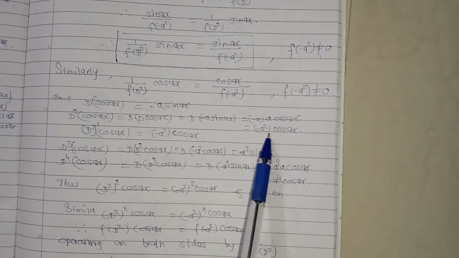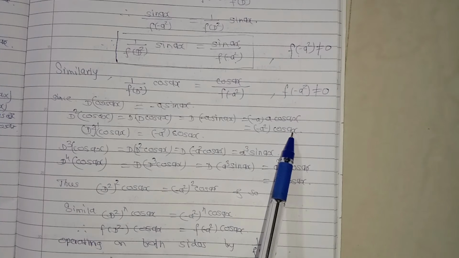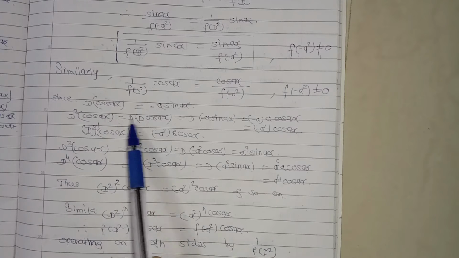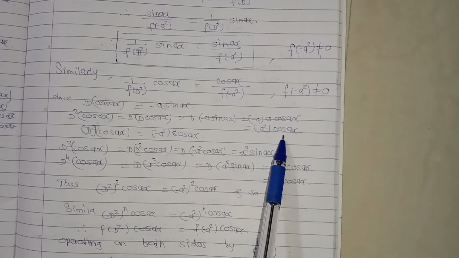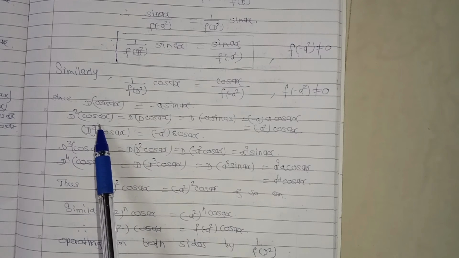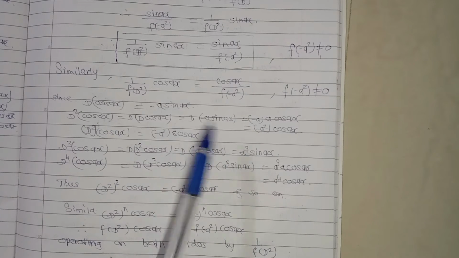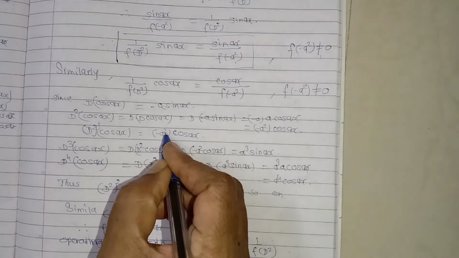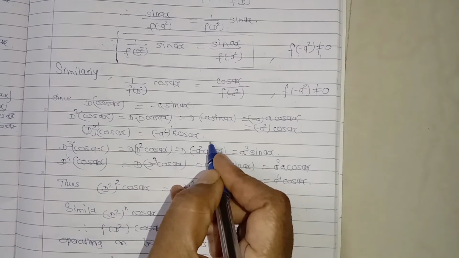Thus we get minus a square cos of x, that is d square of cos of x equal to minus a square cos of x, and this can be written as d square raised to 1 cos of x equal to minus a square raised to 1 cos of x.